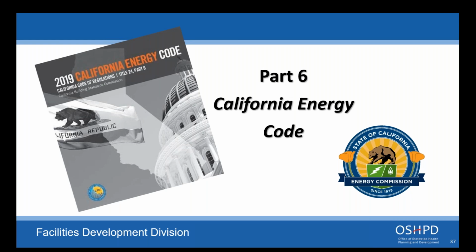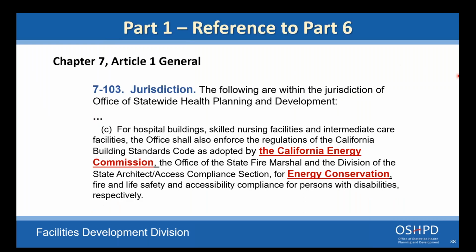This is Richard. So we're going to talk a little about the energy code and how it applies to healthcare facilities. First, I want to talk about the jurisdiction. Codes adopted by the Energy Commission typically use a commissioning process.